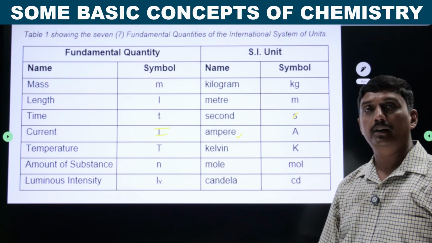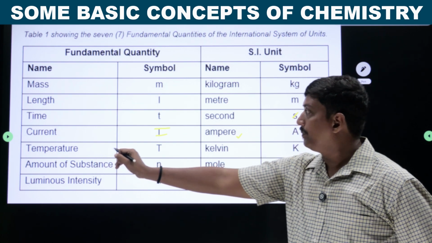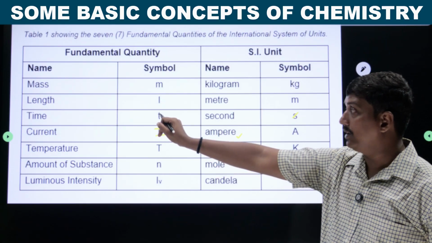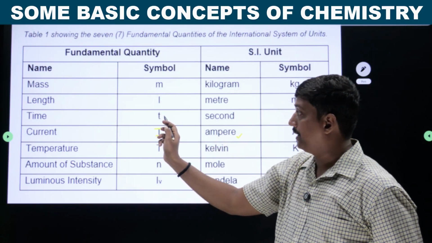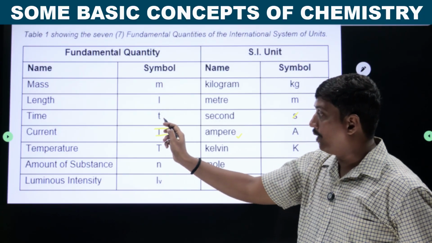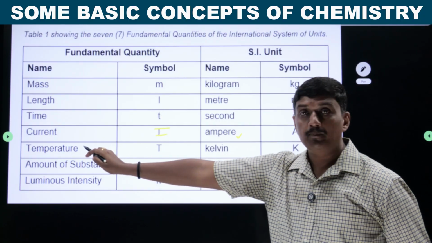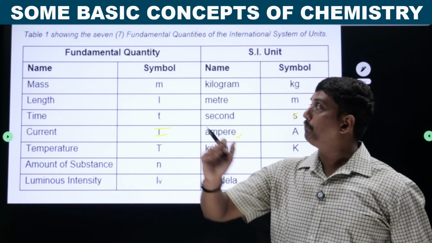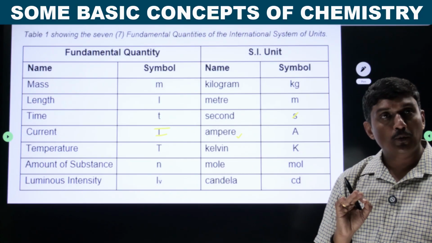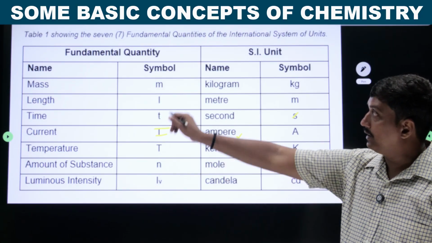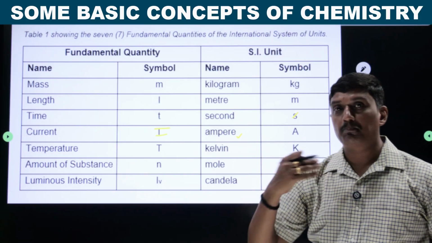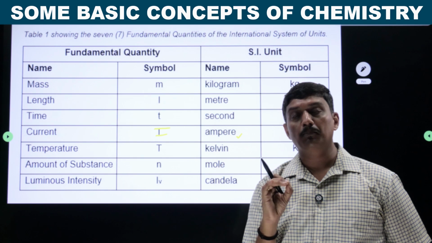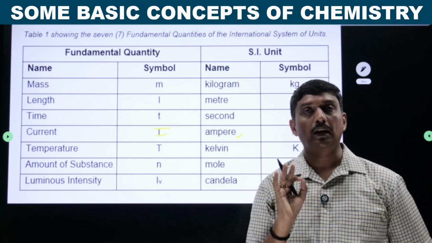This is for current. Temperature is represented as capital letter T. See, here we have a T for time, but it is a small t, and capital letter T for temperature. That's why we should be very careful while representing the quantities. If you make any mistake with respect to the symbol, it represents some other physical quantity. So these physical quantities or the symbols are very helpful during calculation.